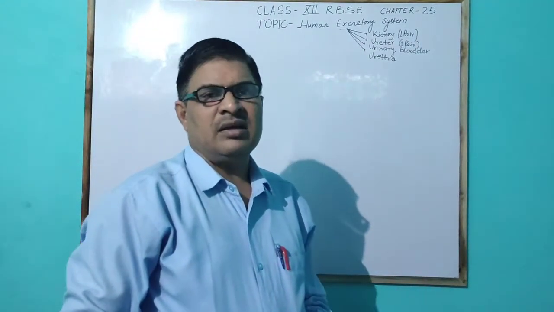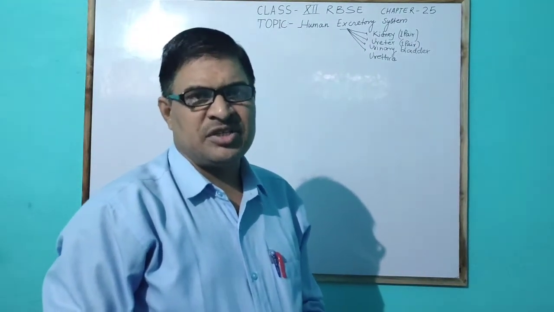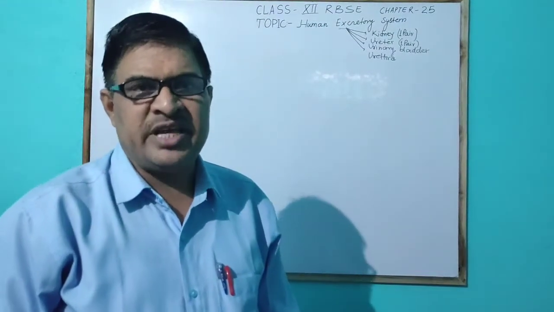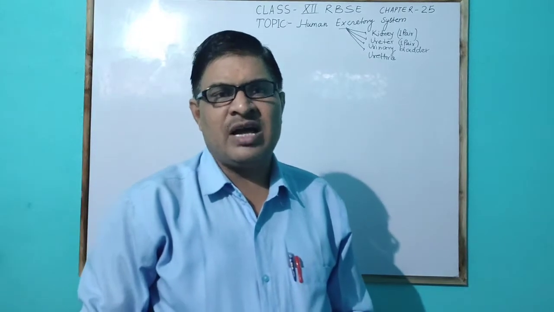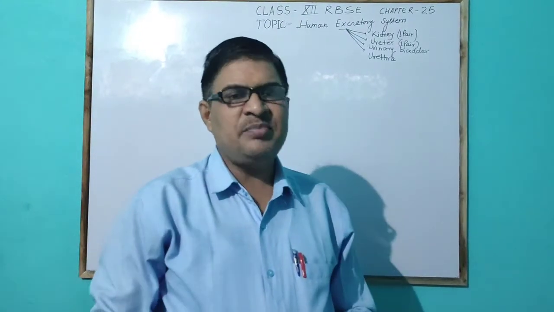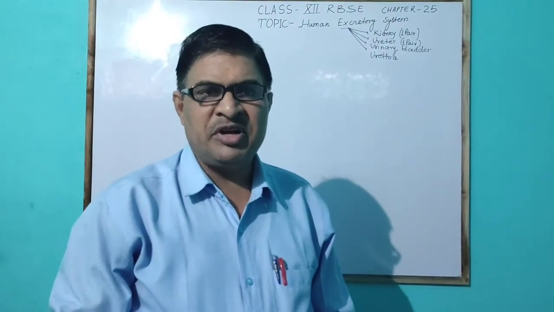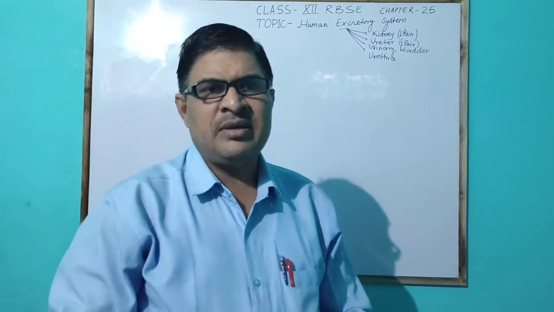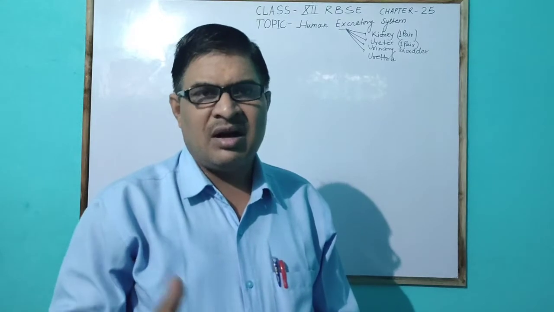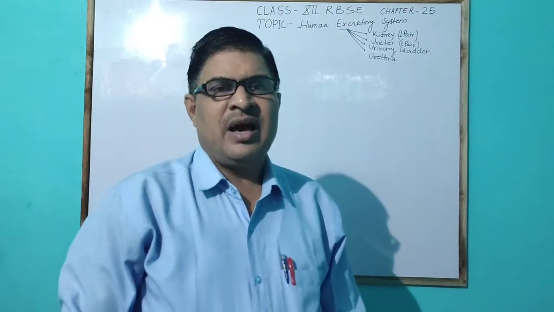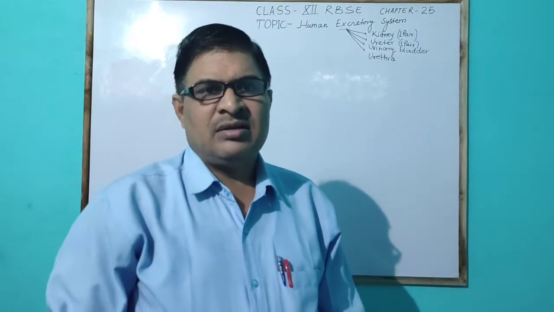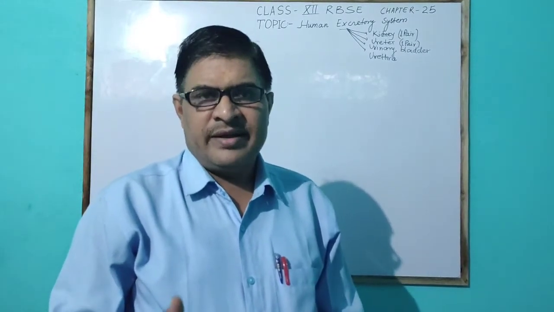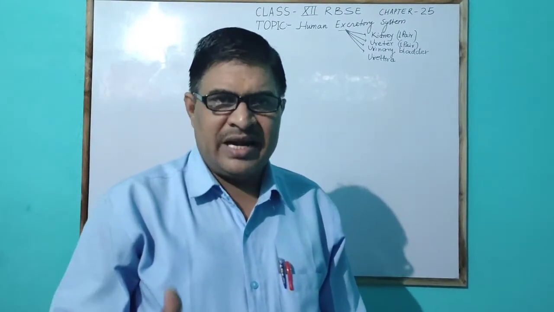In the human excretory system, the kidney is present below the diaphragm, between the last thoracic vertebra and the third lumbar vertebra, as it is supported by two vertebrae. Here the kidney in humans is red in color.